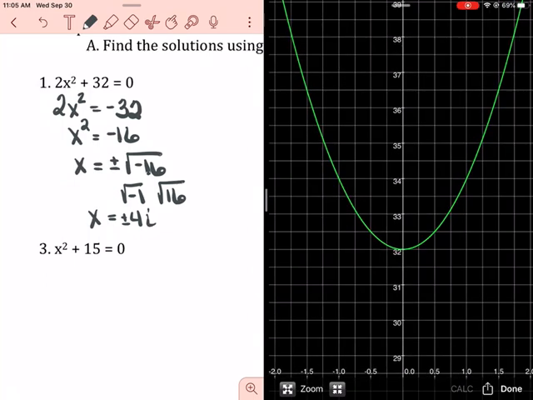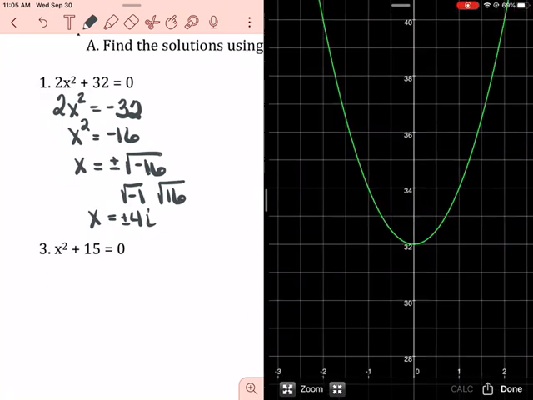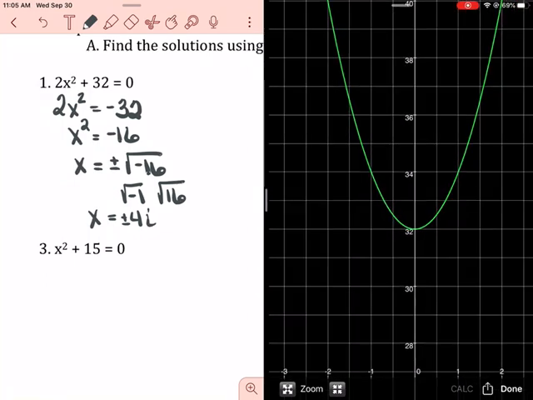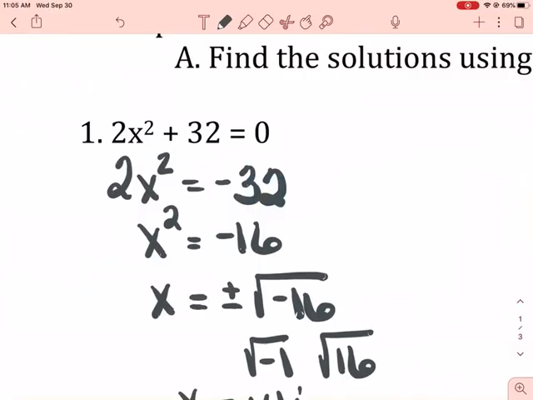It's opening up, and it's all the way up here. We're nowhere near the x-axis. We're up at 32. We know that's a translation up 32, and a vertical compression by a factor of 2. So it tells us that when we solve and get plus or minus 4i, we're not going to be intersecting the x-axis anywhere. It just tells us it doesn't intersect the x-axis.